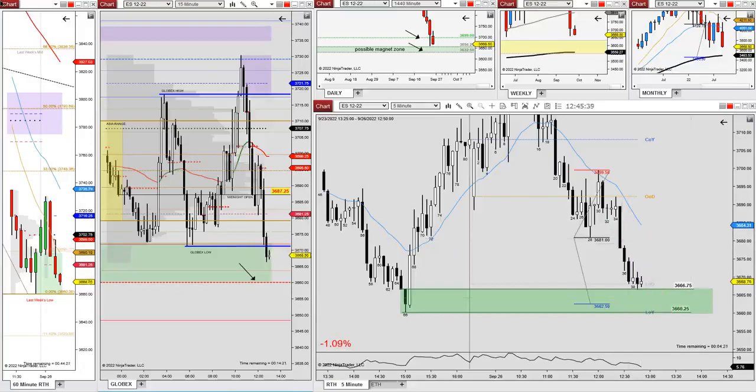But I'm not ready to buy anything yet. I don't have the signal yet. So this can still continue to grind down a little bit.